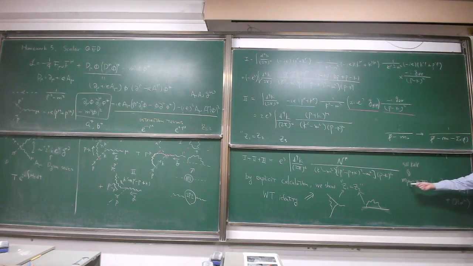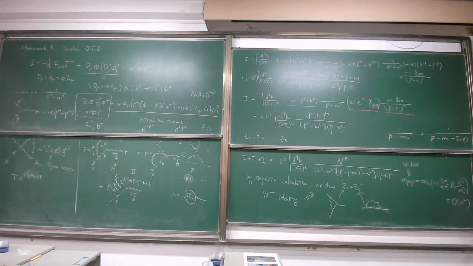Therefore, to get this mass, since this quantity is very big, m0 needs to be very small. That's what we have learned. So if you go to high energy, the bare electron mass is very tiny.